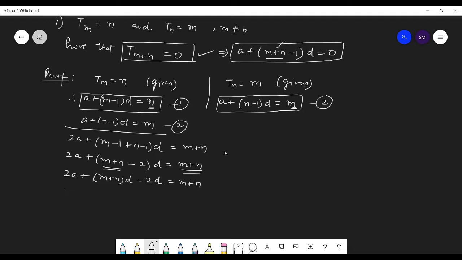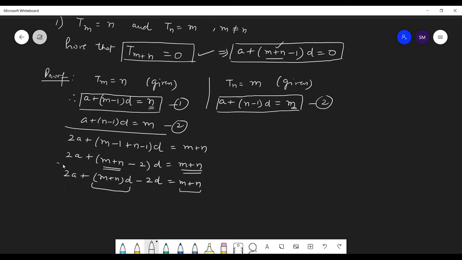So now see what you need: (m plus n minus 1) into d. So you can bring m plus n to this side.